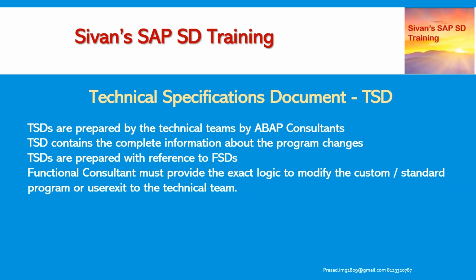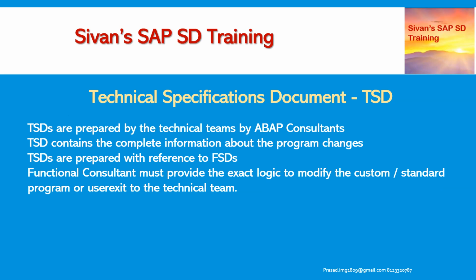Like that, these things we will be explaining, and then we will be giving the already existing program, whatever the program which is already modified, and then where the logic has to be incorporated again. So based on that one, the technical consultants, they will prepare the TSDs.